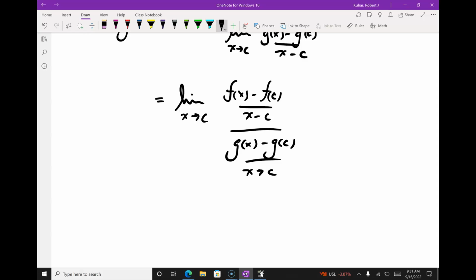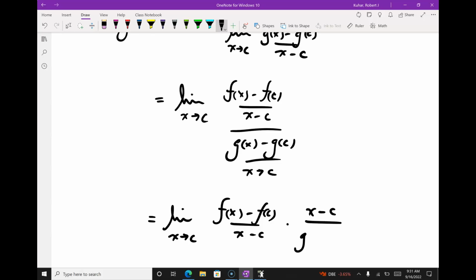But now I've got something I can manipulate. I'm going to do a keep change flip here. So I've got f of x minus f of c over x minus c times x minus c over g of x minus g of c, right? Keep change flip, fraction divided by fraction.